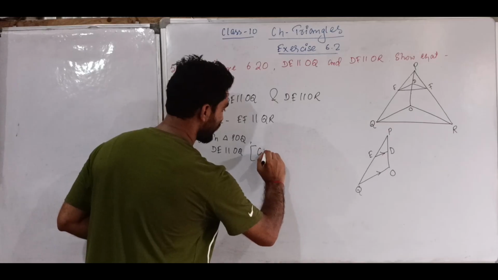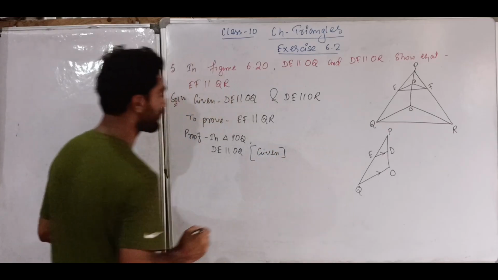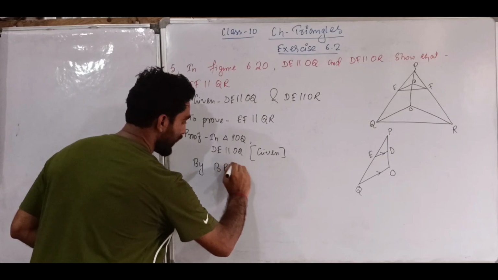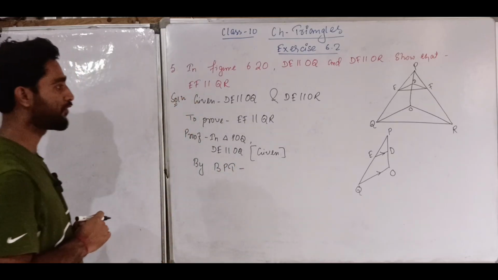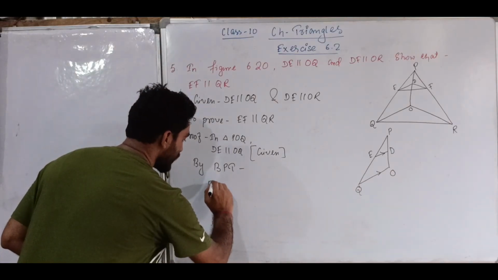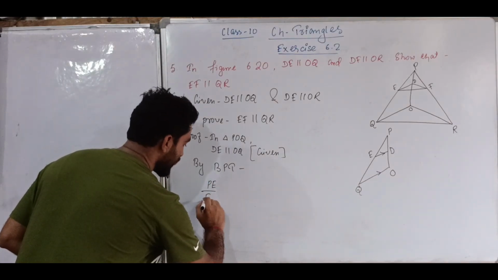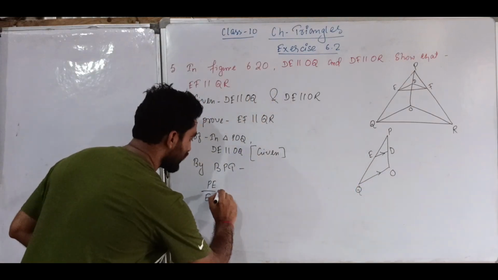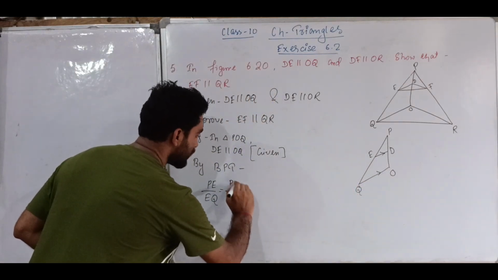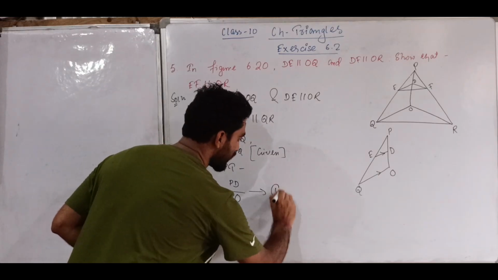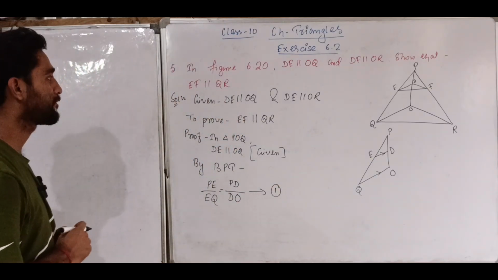This information is given in the question. So by Thales theorem or by basic proportionality theorem, we can write PE divided by EQ is equal to PD divided by DO. This we can call equation number 1.